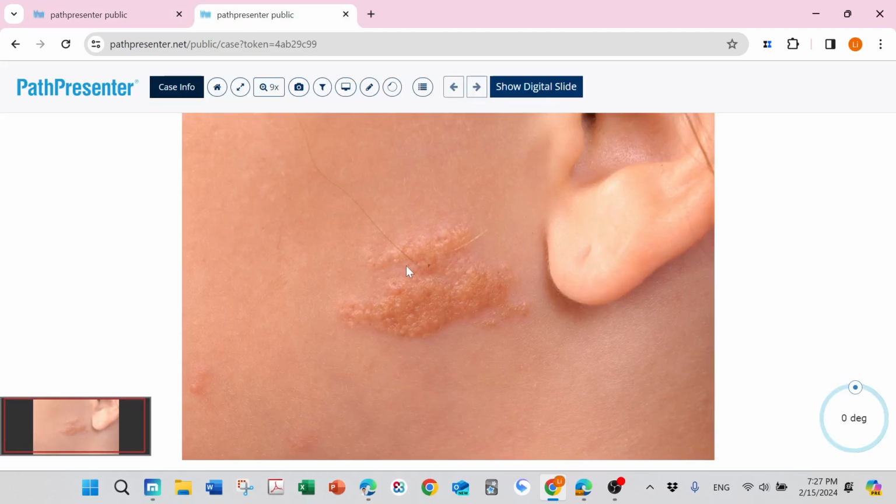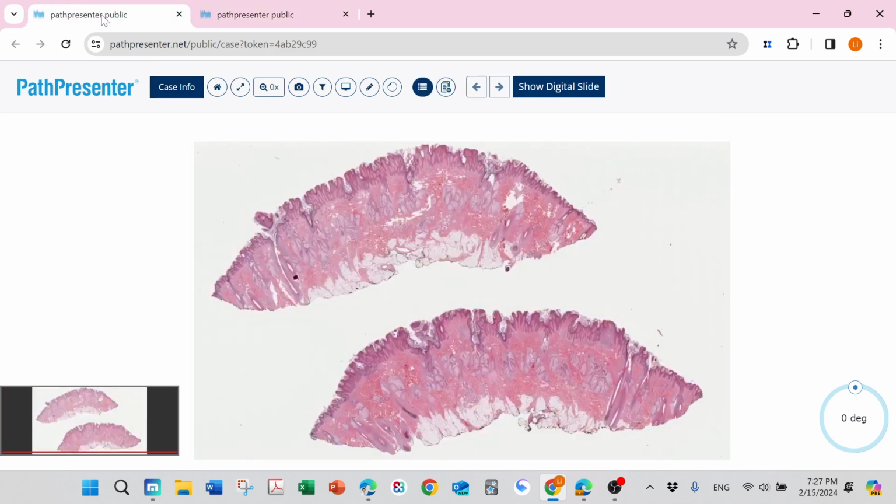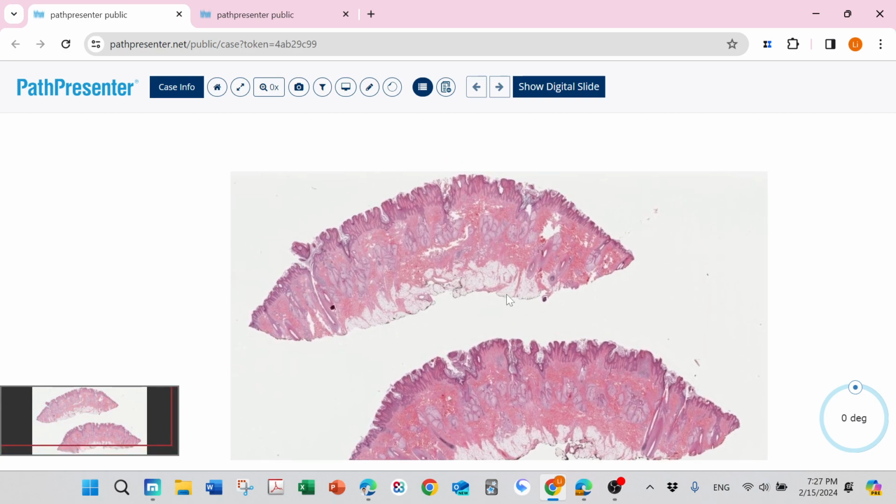Then let's see the gross picture of this entity, kind of a plaque. But you can see this single individual small undulated surface. It really matches the gross skin picture, kind of a papillomatosis, indurated surface.